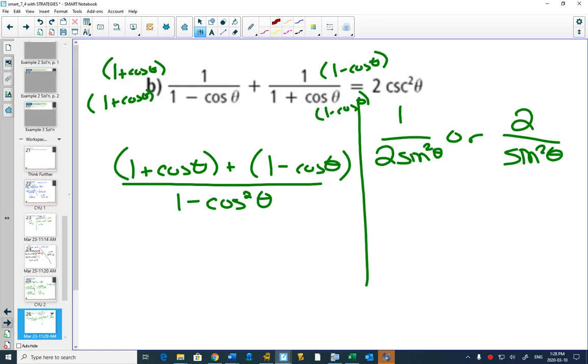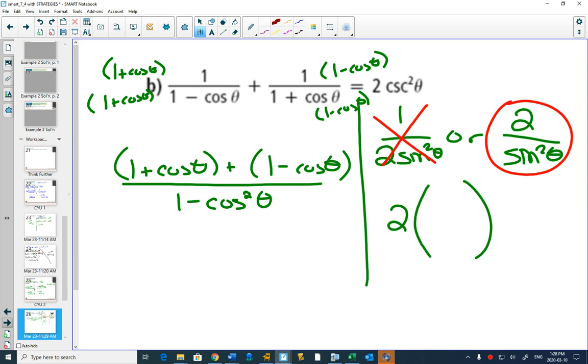I'm going to add things together. But now I'm going to move back to the right-hand side, and I'm going to show a little bit more work to show you why this one is wrong and this one is right. Some of you are like, oh, I picked the wrong one, and other ones are like, yeah, I got the right one. Okay? Well, I'm going to keep the 2 there and just change cosecant squared.